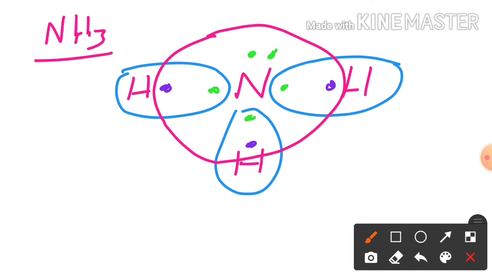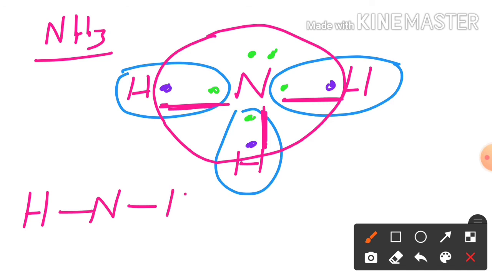And this is the electronic structure of the NH3 molecule. This is one single bond, this is another single bond, and this is the third single bond. We show it this way: H single bond, N single bond, H single bond, H, and this pair of electrons is called a non-bonded pair of electrons or lone pair of electrons, that remains at the nitrogen as it is. So this is the complete electronic structure of the ammonia molecule.